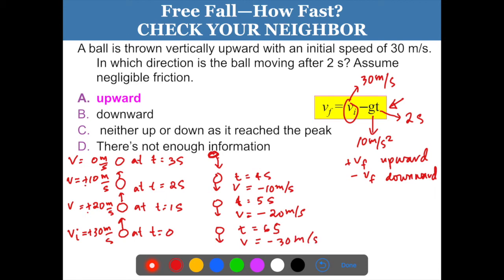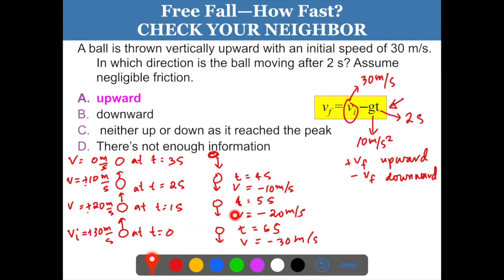So you can sort of see the pattern here: because acceleration under free fall is constant and it's 10 meters per second squared, the speed changes by 10 meters per second every second. If the object is going up, then the speed decreases by 10 meters per second every second.